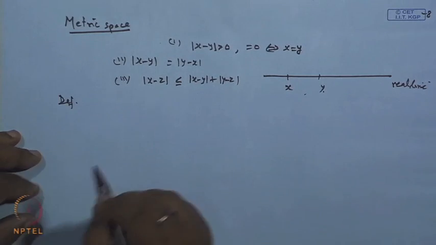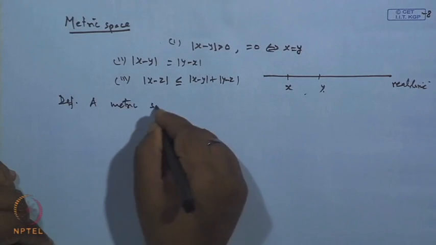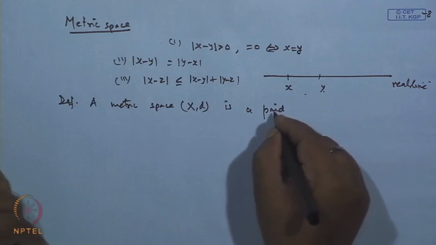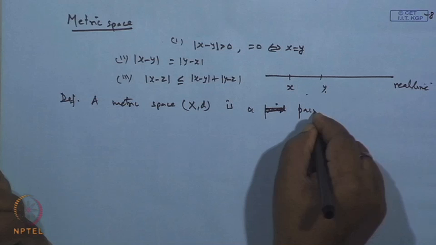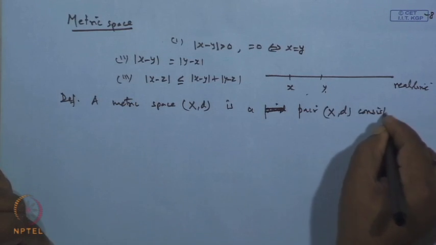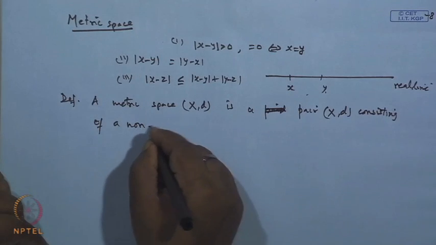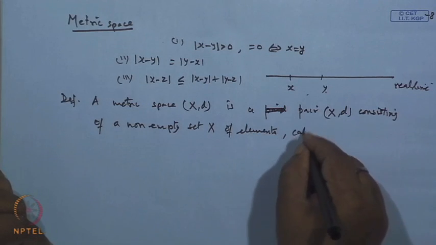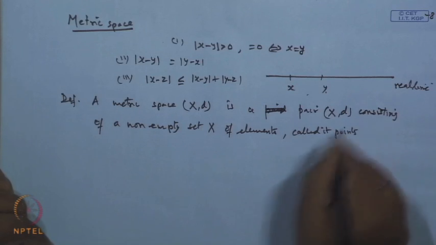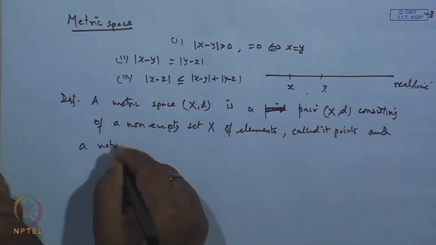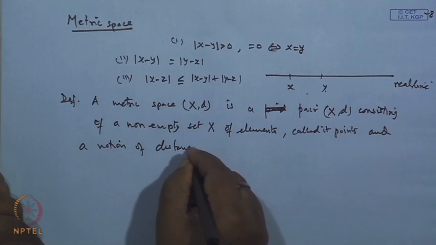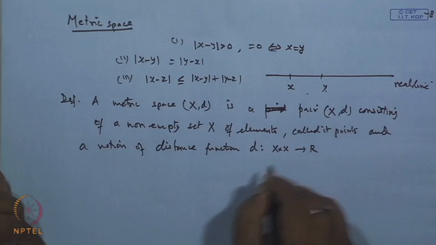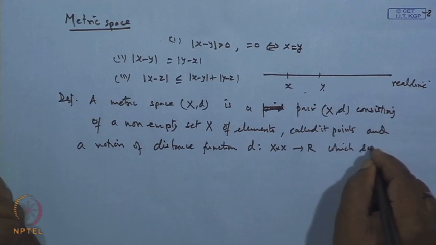So, we define a metric space (X, d) as a pair consisting of a non-empty set X of elements, we call them points, and a notion of distance function d defined over X cross X to R, which satisfies the following properties.